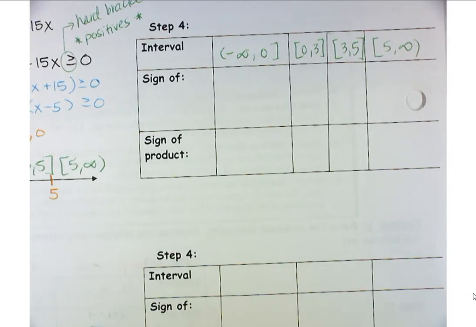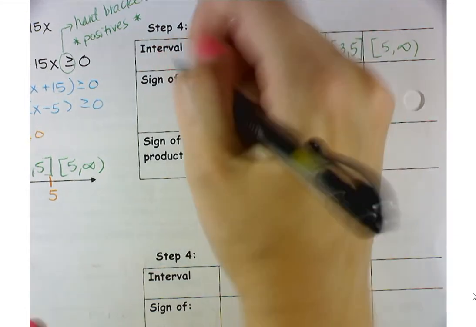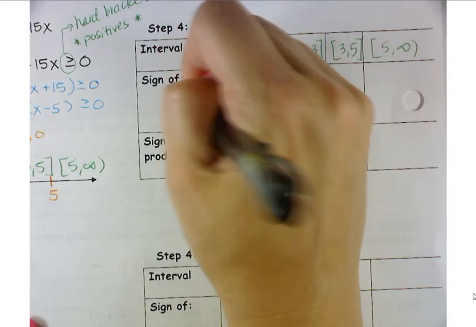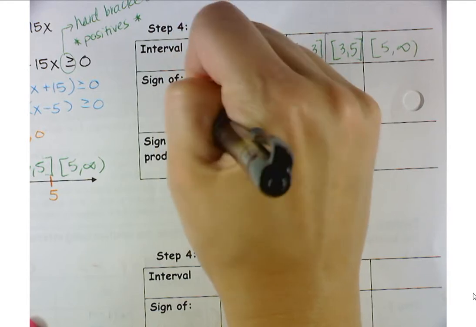And now we're going to have 3 factors. So we have x, x minus 3, and x minus 5.